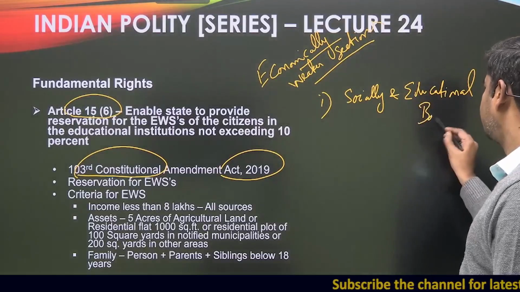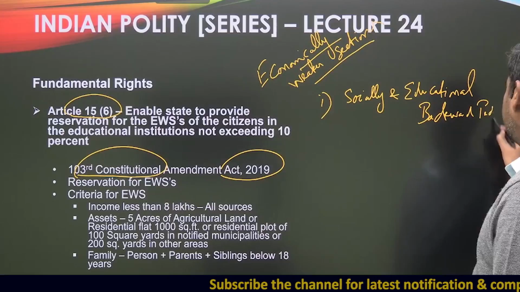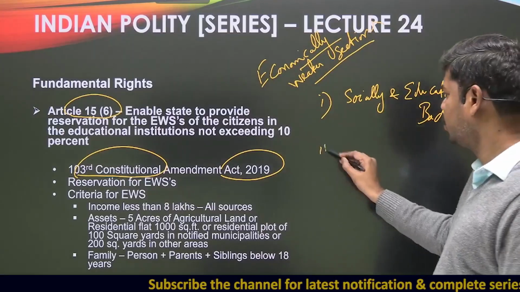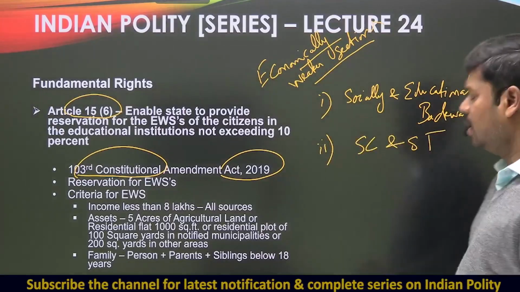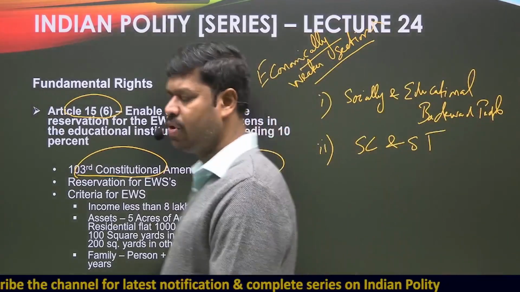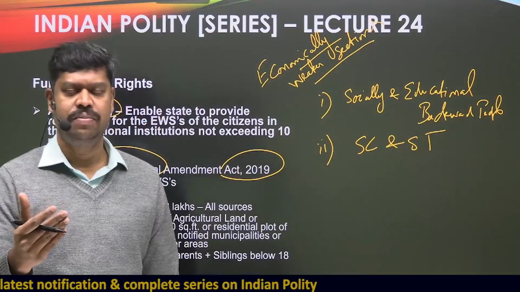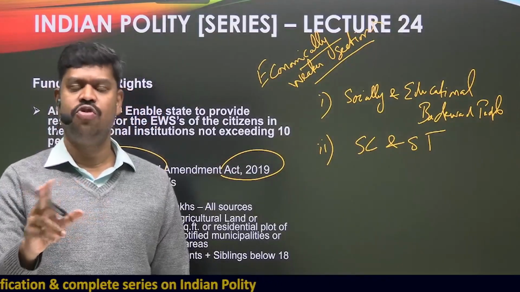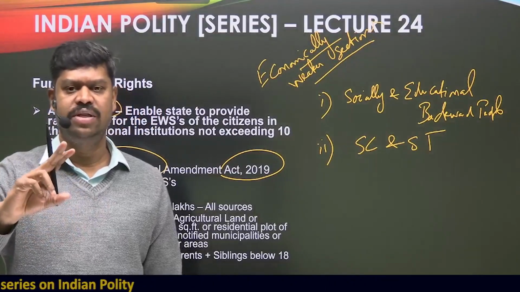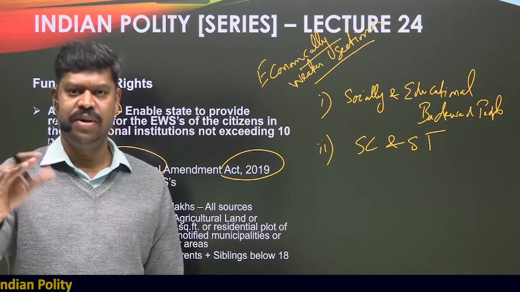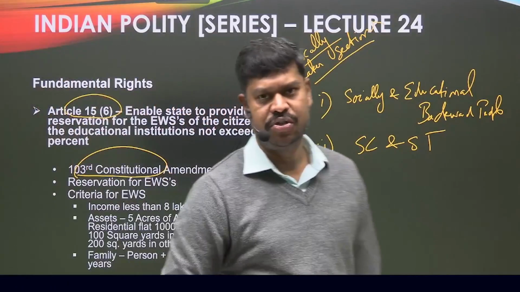And then apart from that, people from the scheduled castes and the scheduled tribes were also given reservation. The socially and educationally backward people, the scheduled castes and the scheduled tribes are all getting the benefit of reservation under Article 15 Clause 4 and Article 15 Clause 5. Article 15 Clause 4 was giving reservation in educational institutions run by the state. Clause 5 extended that to even the private educational institutions.